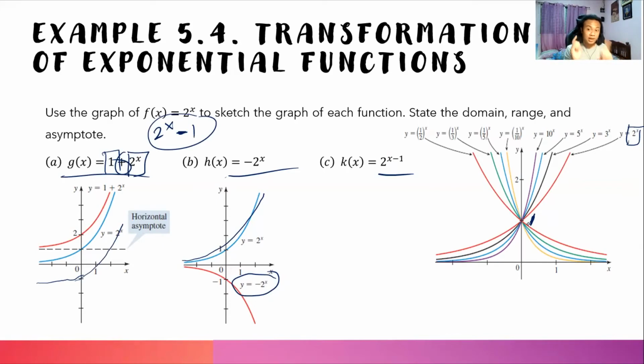Okay? Pero pabali na sad. Kung negative gani siya, shift to the right. Repeat, shift to the right. Okay? Shift to the right na lang. Kung plus gani, 2 to the x plus 1, shift to the left.